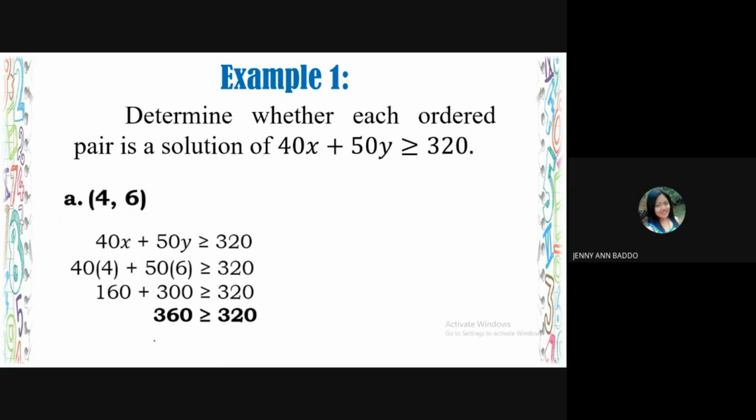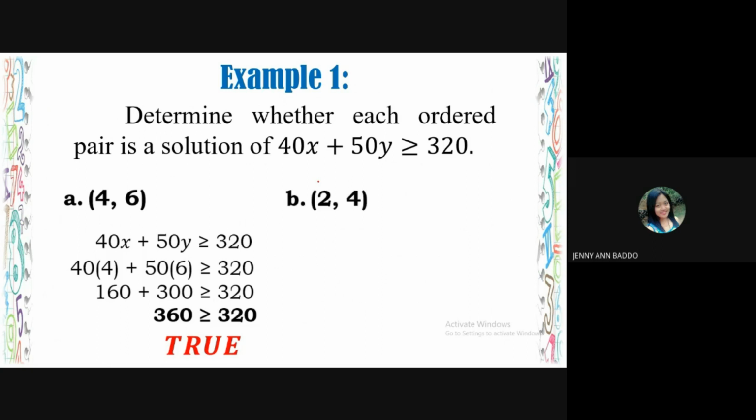So in here, 320 is obviously less than 460. So it points to 320. That means that the statement is true, which follows that since we arrive at a true statement, then 4, 6 is a solution of the given inequality.